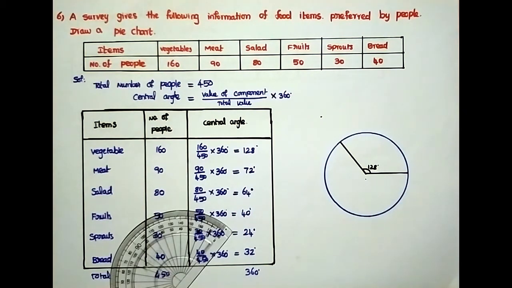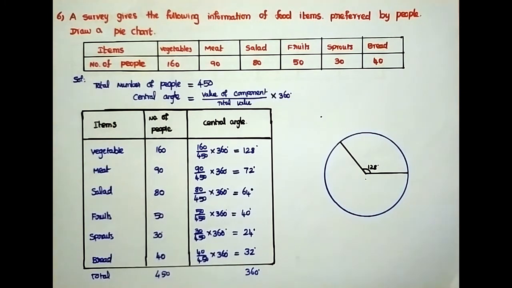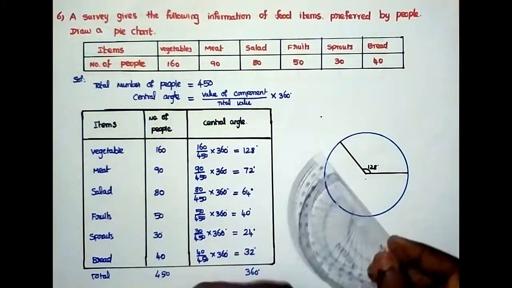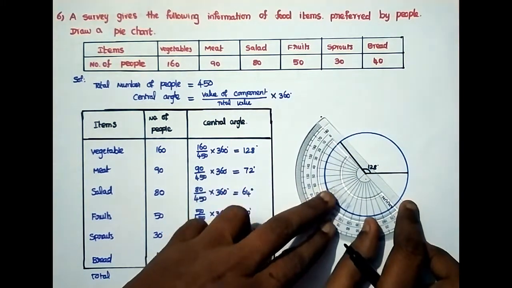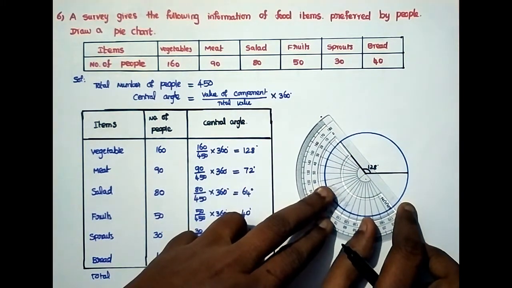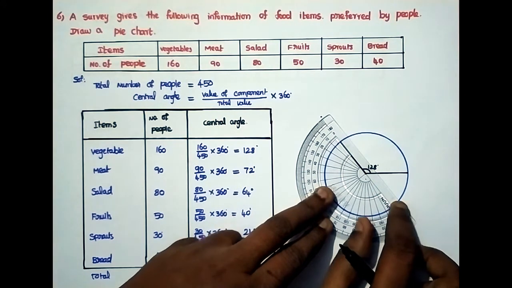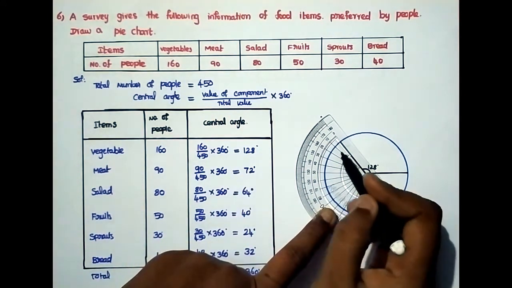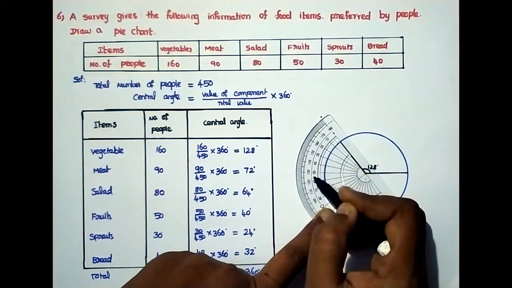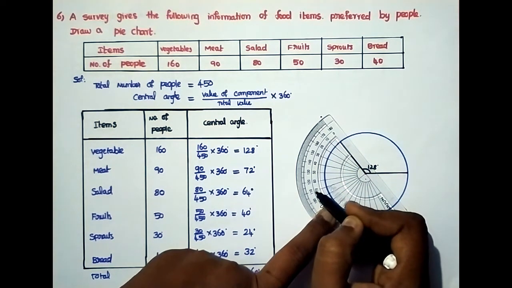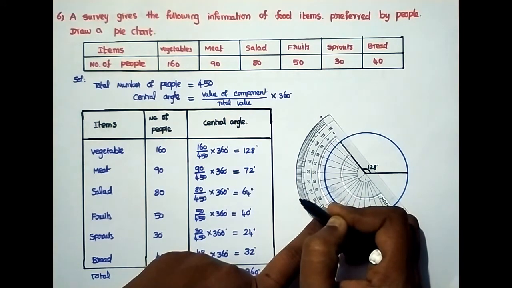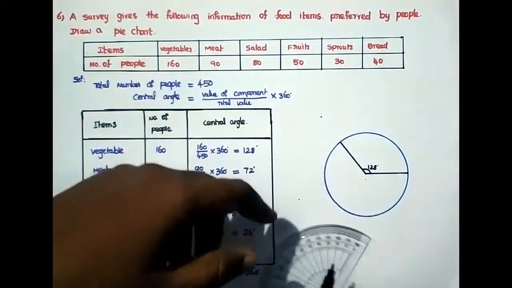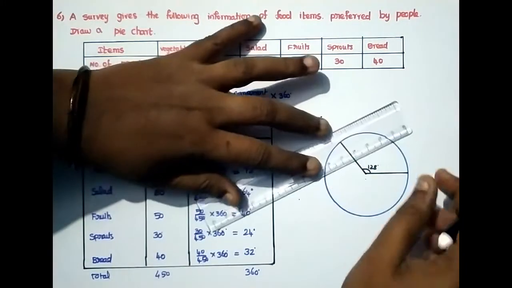Next one, from that line, measure how many degrees? Next one is 72 degree. So 0, 10, 20, 30, 40, here 70, and then take 2 points, we get 72 degree.